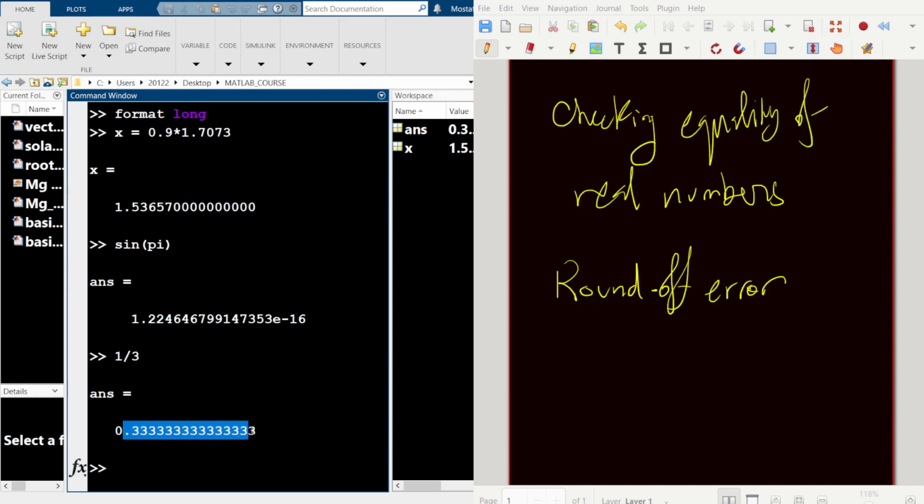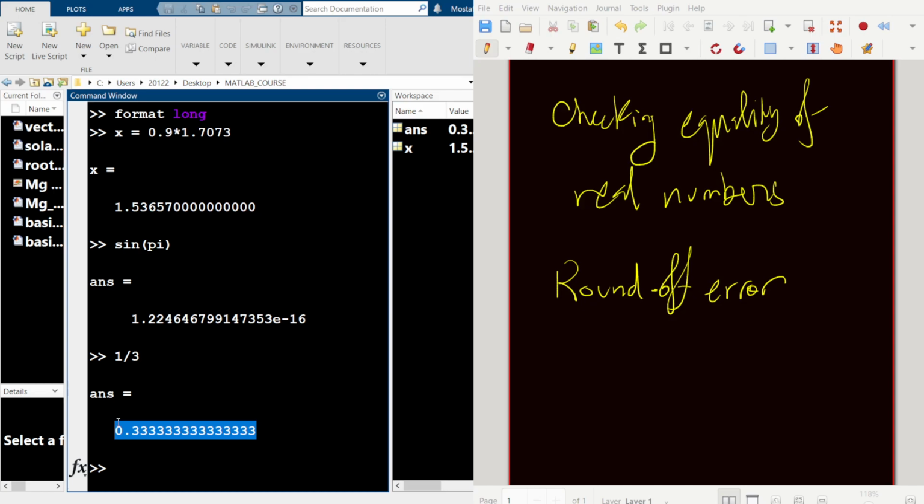It's not a MATLAB issue, it's a computer issue. The decimal expansion of this number should be 0.33333 infinitely. But of course, an infinite number of digits cannot be represented on a computer, and because of this, there will always be some sort of round off. So because of round-off error, numbers are not exactly represented on a computer.